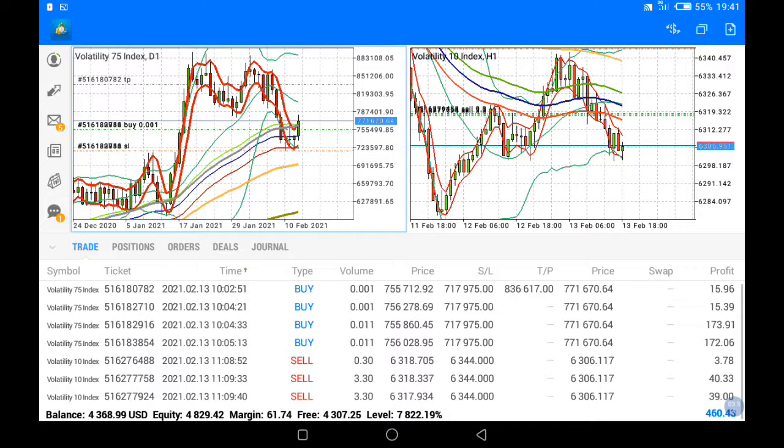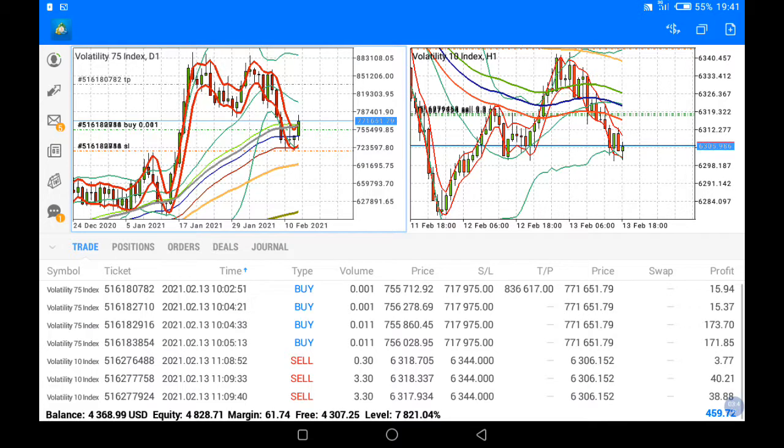Technical analysis is an integral factor when trading volatility index, because the market respects all of those zones, like support, resistance, and those key areas.